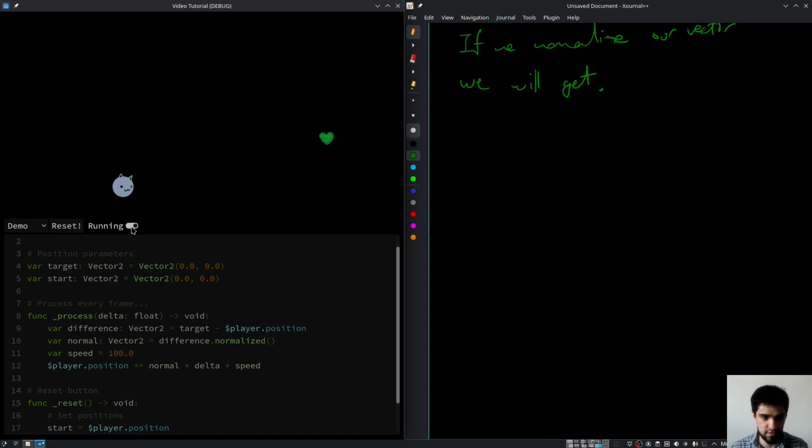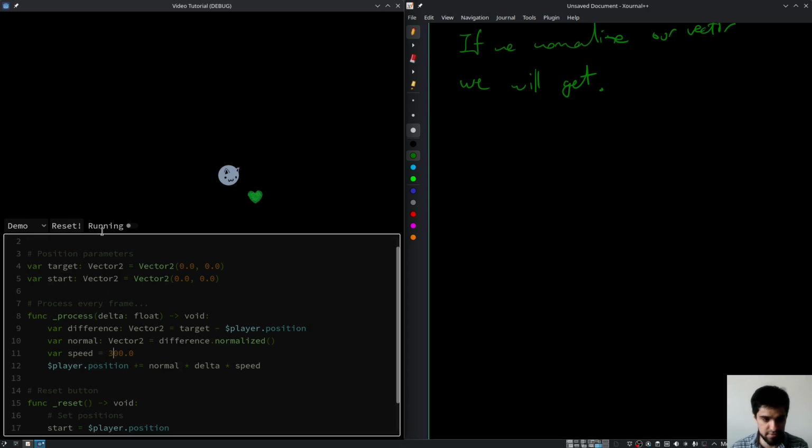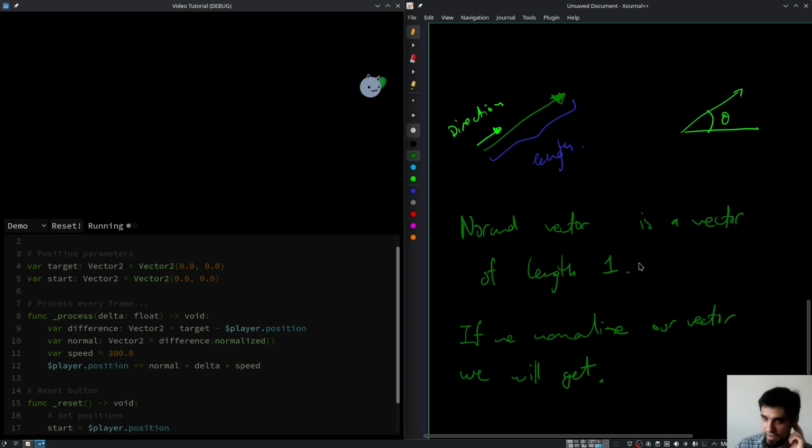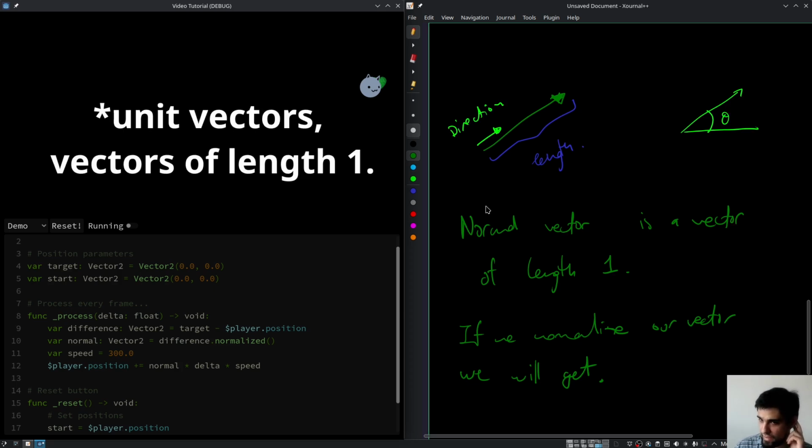So we reset it and run it, and it's going to be moving. And no matter where the target is, it will always move at the same speed. And so if we increase the speed, it's going to be going faster. Okay. And so that is how we can use normal vectors. That is quite useful.